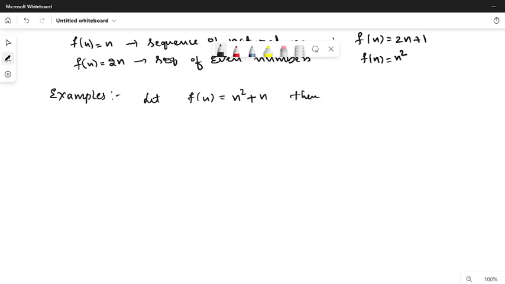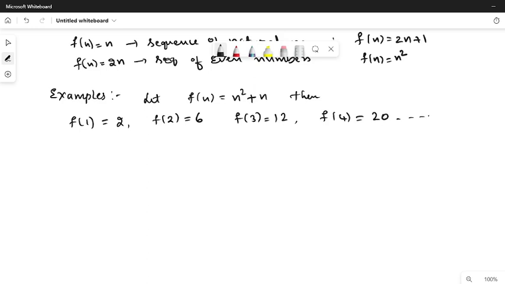Then f of 1 is 2, f of 2 is 2 square plus 2, 4 plus 2, 6, f of 3 it is 3 square plus 3, 12, f of 4 equal to 4 square plus 4, 20, and so on.